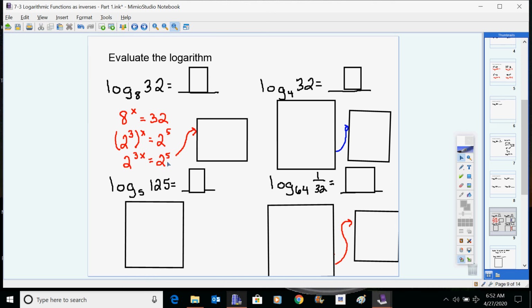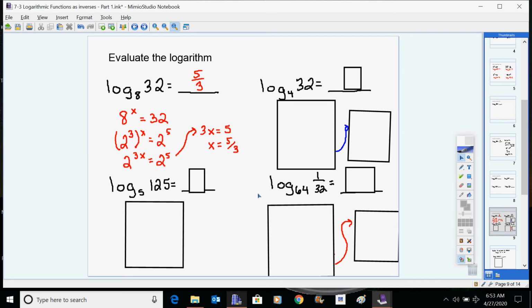And if you have like bases and the two things are equal, that means the exponents have to also be equal. So 3x has to equal 5. So x equals 5/3. That's our answer. What that's telling us is that 8 to the 5/3 power equals 32.